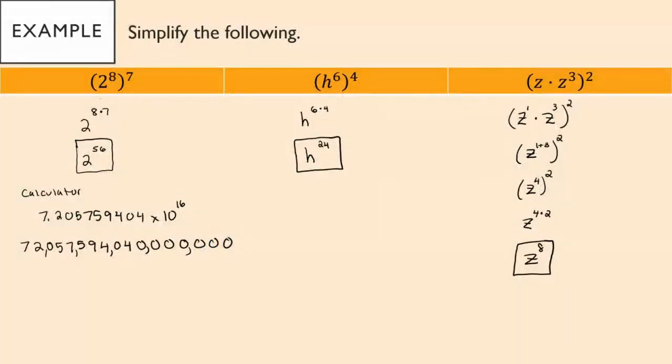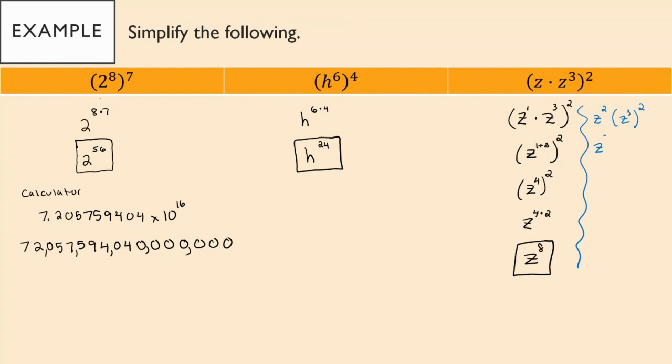And we could have applied that rule here, where everything on the outside gets applied to the inside. So using that rule here, we would have said that the z gets the square, and then the z cubed also gets a square.